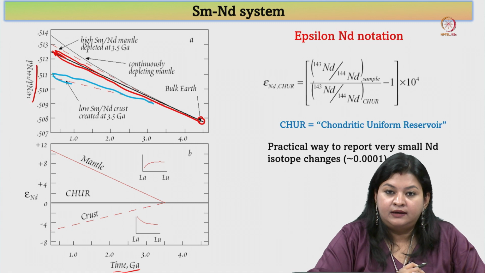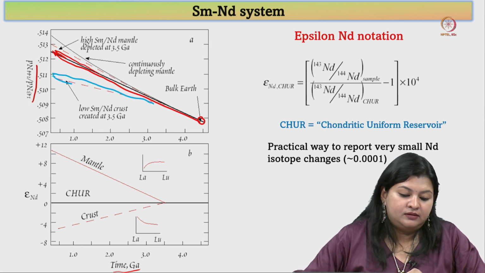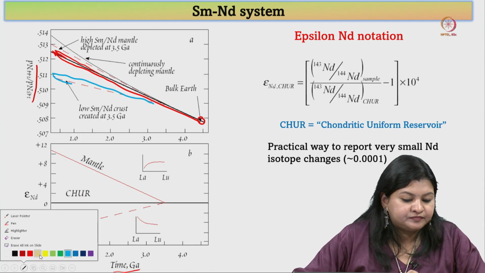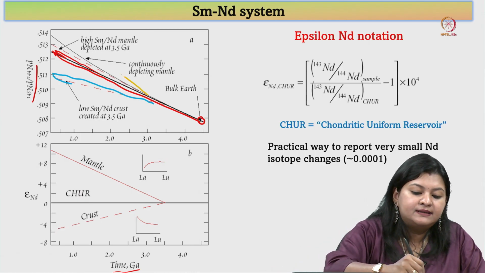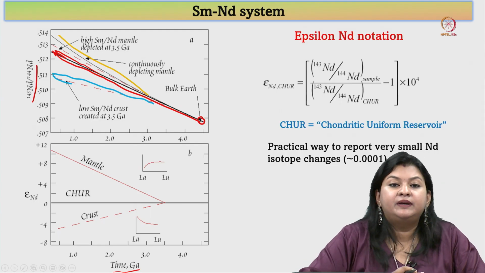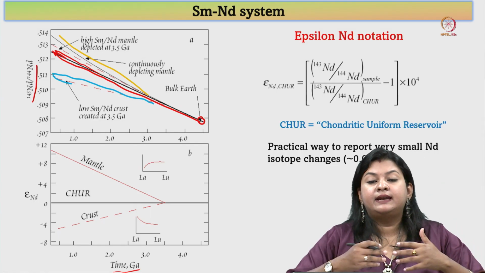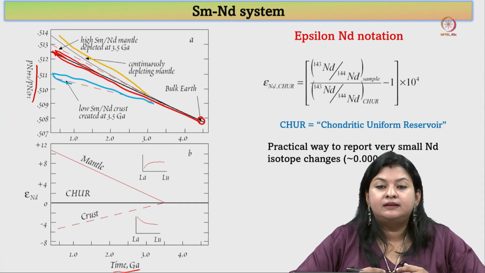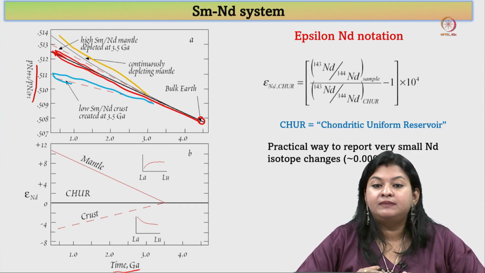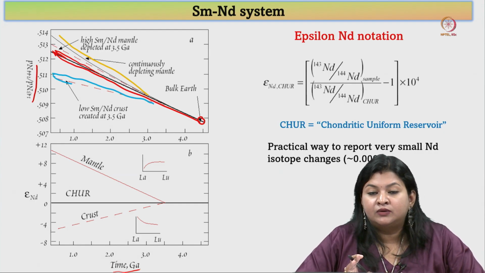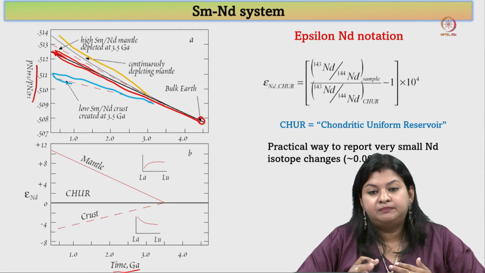On the other hand, the mantle has a higher samarium by neodymium ratio, and it is slowly getting depleted. Depleted means it is melting, and some of the melt is reaching the crust. This is called the gradual depletion of the mantle.